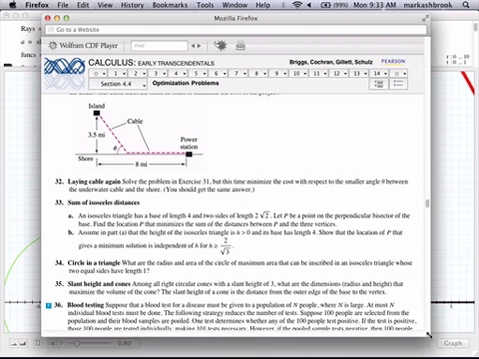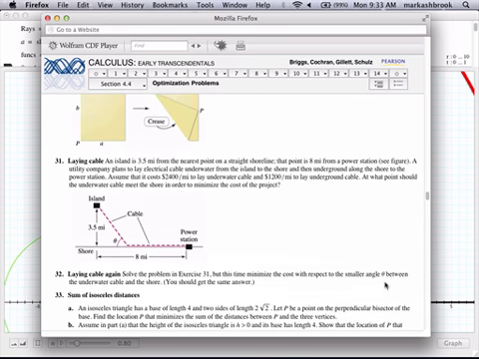So what's the goal of the problem? Somebody new. What's our overall goal in this problem?